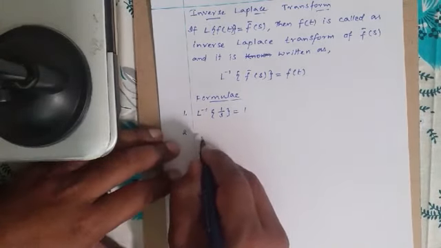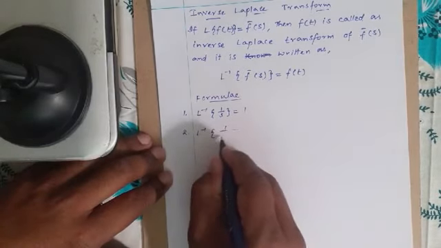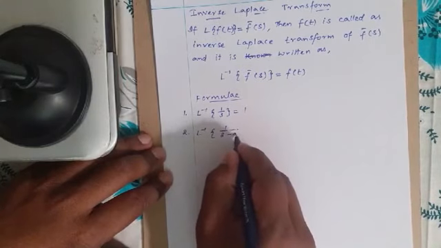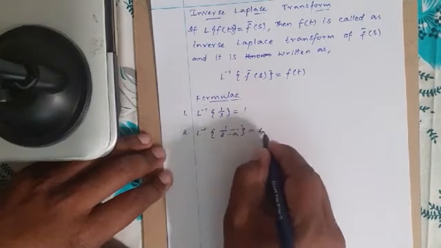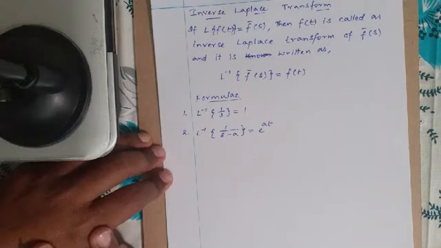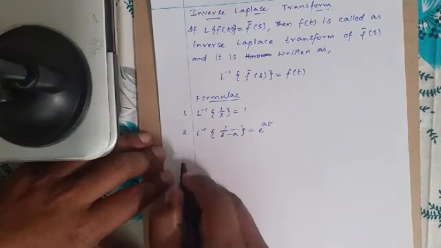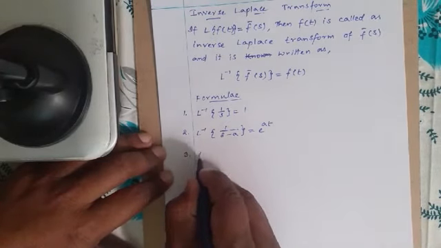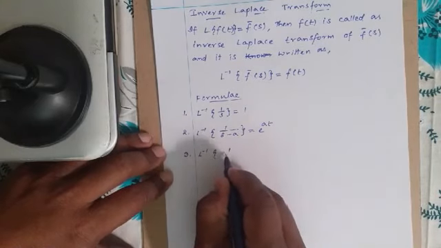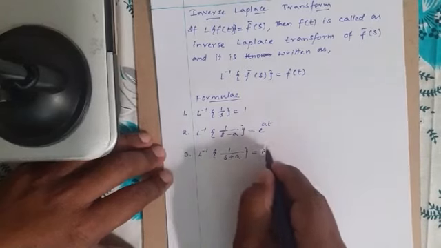So now second one, L inverse of 1 upon s minus a is equal to e power at. There in Laplace transform, Laplace of e power at was 1 upon s minus a. Here L inverse of 1 by s minus a is equal to e power at. Now the third one, L inverse of 1 upon s plus a is equal to e power minus at.